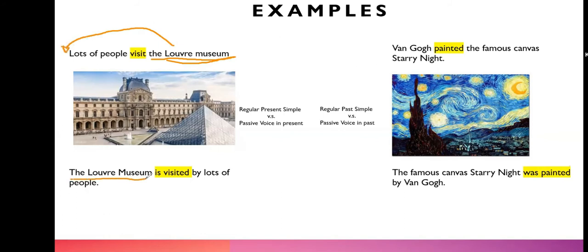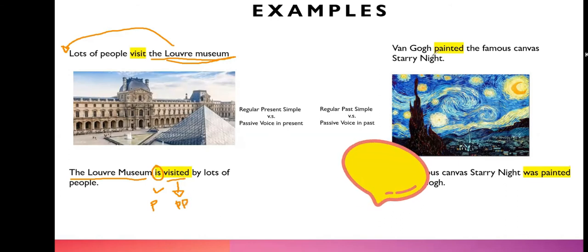The Louvre Museum is visited by lots of people. So basically what you do is you change the subject and the object so the attention fully makes emphasis on the object, okay? And here you're using your verb to be, in present, of course, and you're using your verb in past participle, okay? So just write the past participle.